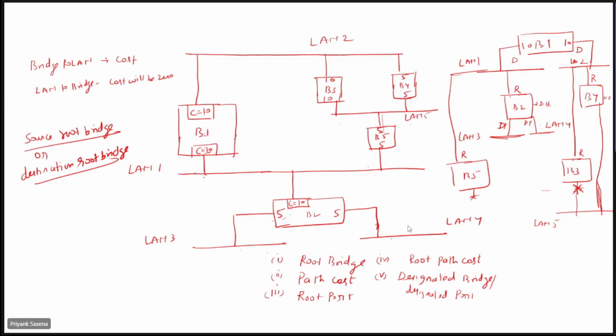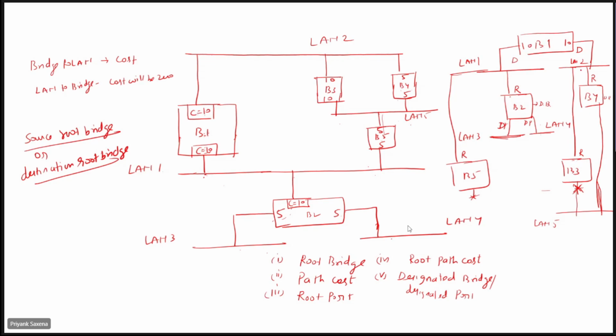So first of all, to draw a spanning tree, what is essential? It is essential that first of all the selection of the root bridge is to be made. Since here there is no provision to see the unique IDs of the bridges and other things, we assume, or we select, bridge B1 as the root bridge.